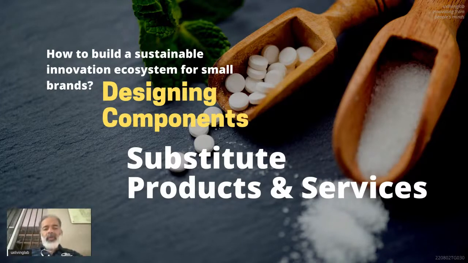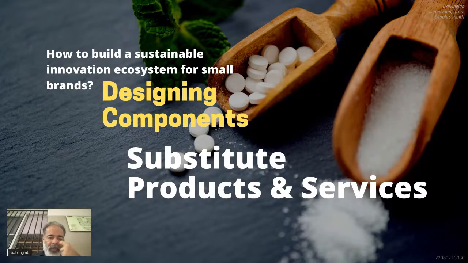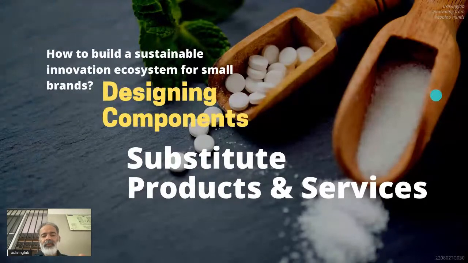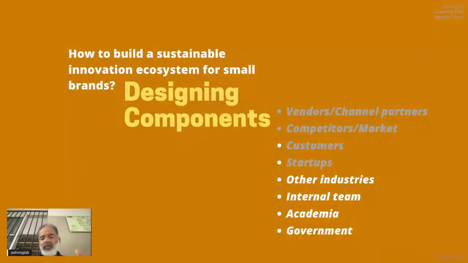Then we are talking about designing of components, and in that we are talking about substitute products and services. We already talked about vendors, channel partners, competitors, customers, startups. Now today we are talking about other industries.